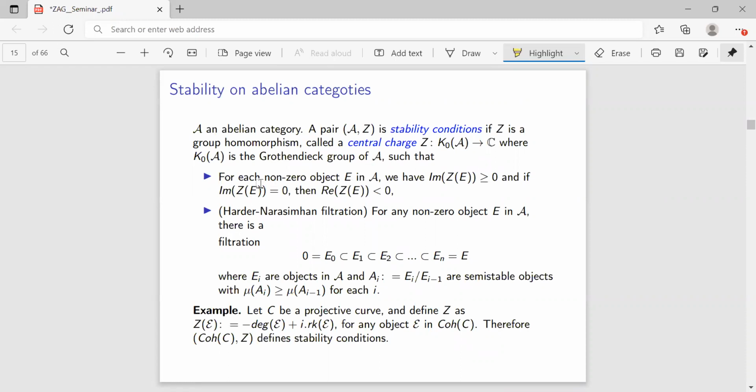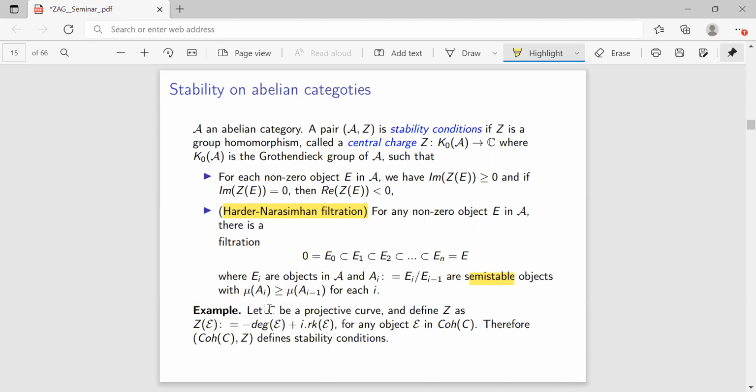The first property is just the one in the picture: for any non-zero object, the imaginary part is greater than or equal to 0, and if it's 0, then the real part must be negative. And also we want to have a Harder-Narasimhan filtration, which says that for any non-zero object, we have a filtration by these E_i, such that the factors are semi-stable objects and the slopes of those are decreasing.